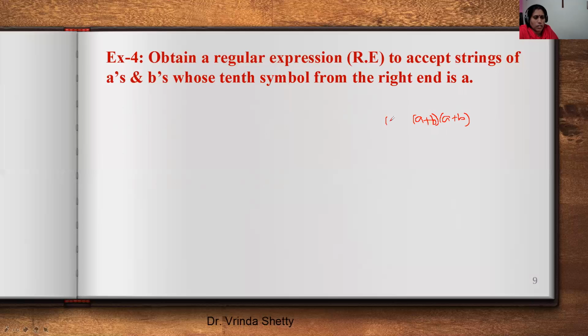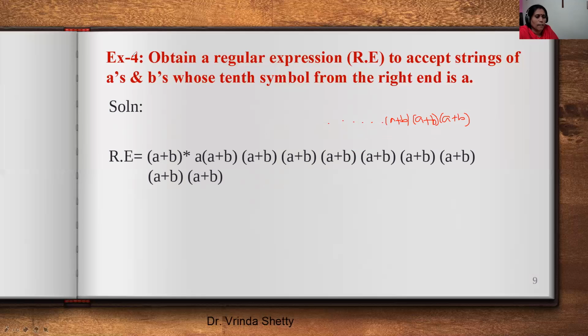Again we write a or b, the third symbol. Similarly, the same thing is written up to 9: 1, 2, 3, 4, 5, 6, 7, 8, 9, a or b. Then the 10th symbol from the right end will be a.